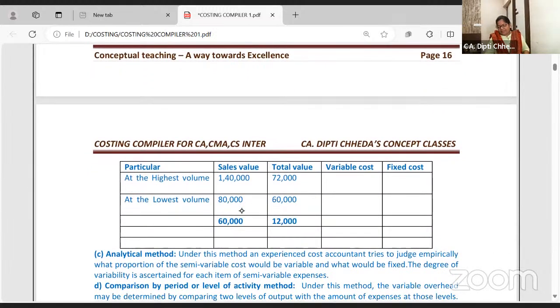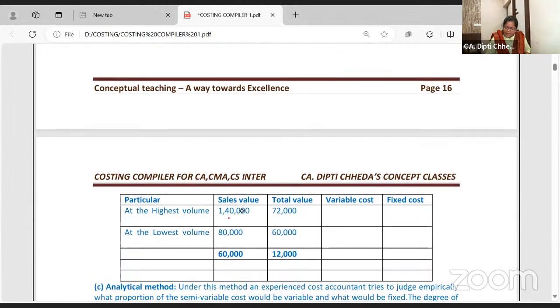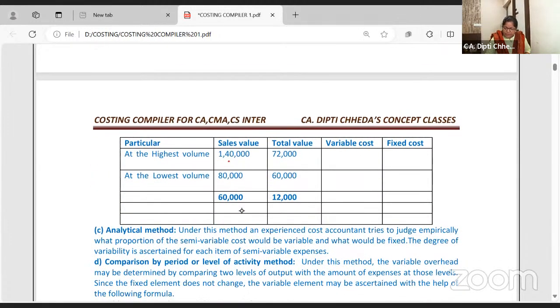High-low point method. Here the number of units is missing, but they have given at 1,40,000 sales, what's your total value of the overhead? 72,000. This is the total semi-variable overhead. At 80,000, what's your semi-variable overhead? 60,000. Now, can I say one thing?